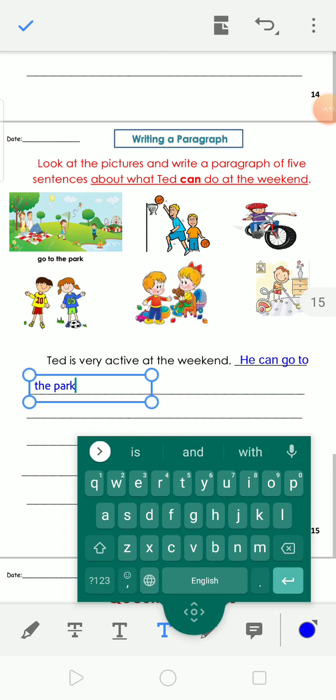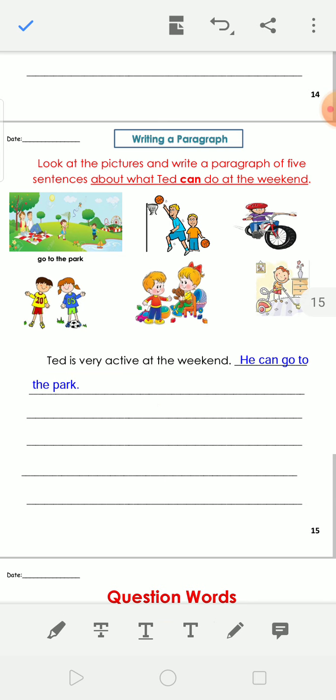And don't forget to put the full stop here. He can go to the park. If you finished, let's move to the next picture here.